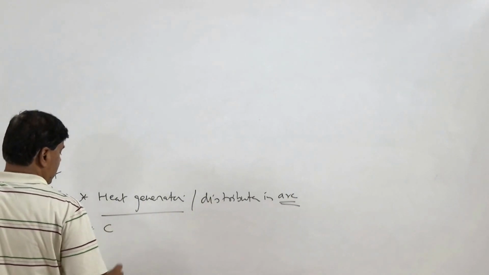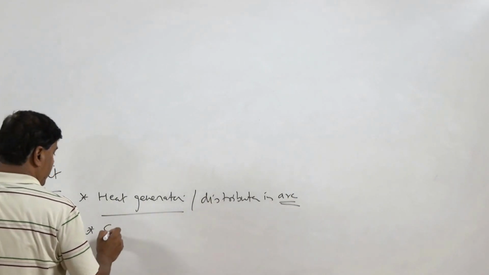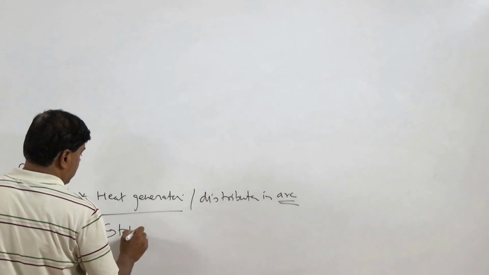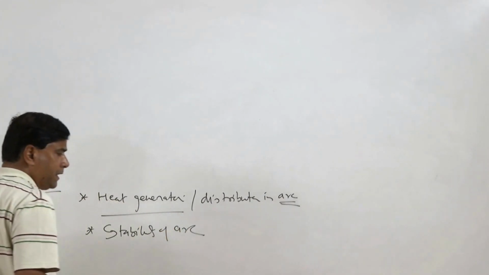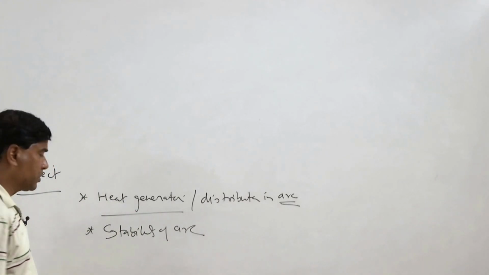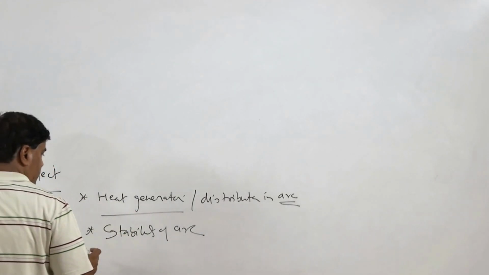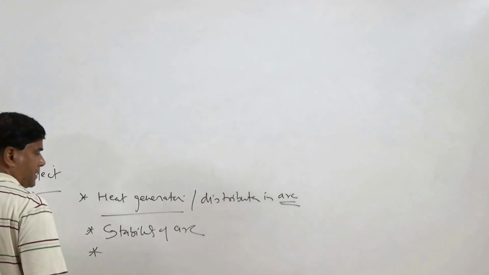Second, it affects the stability of the arc, especially in cases where the electrode is expected to emit electrons for good arc stability.